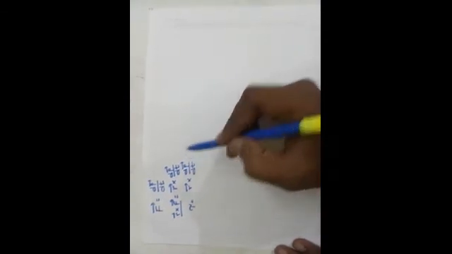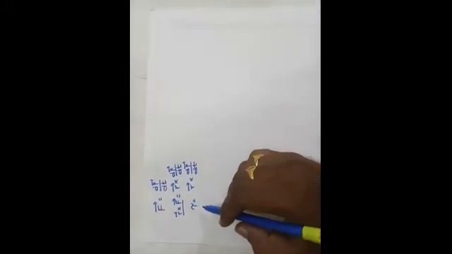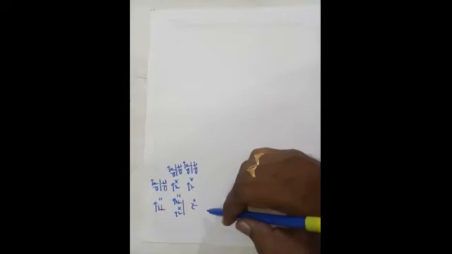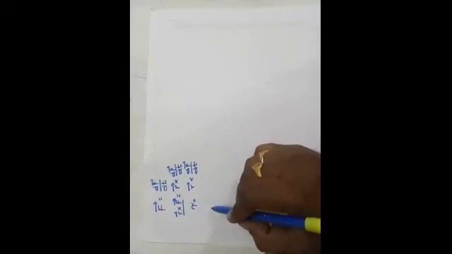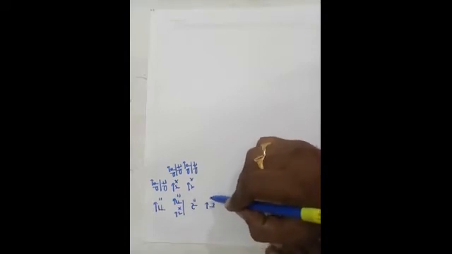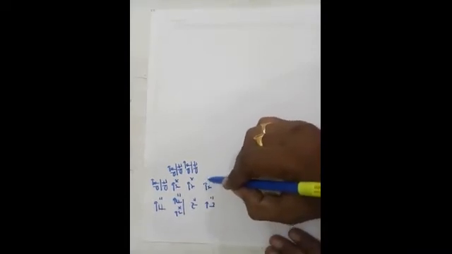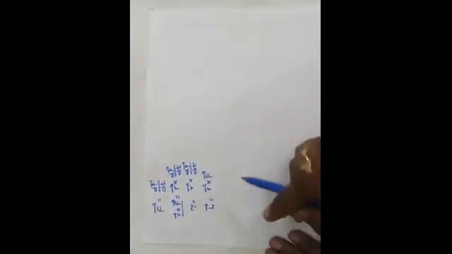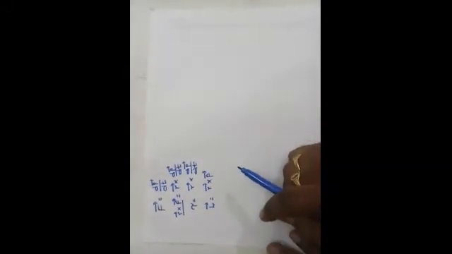Next, we know that angular momentum can be defined as L bar is equal to r bar cross p bar.